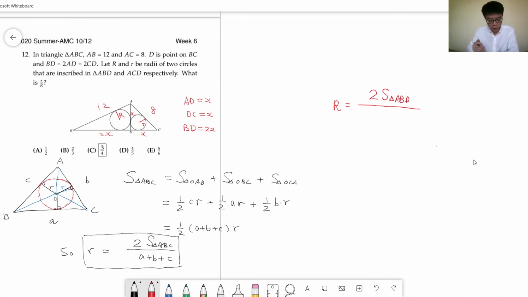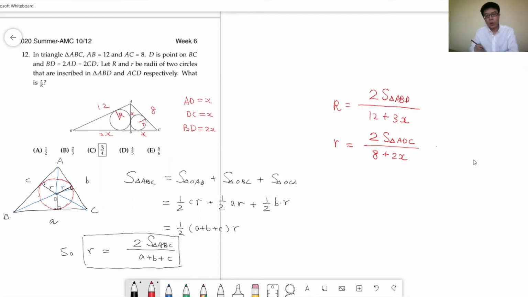The perimeter of triangle ABD is 12 plus X plus 2X, which is 12 plus 3X. Okay, and for the little r, this is twice the area of triangle ADC, divided by the perimeter 8 plus X plus X, which is 8 plus 2X.